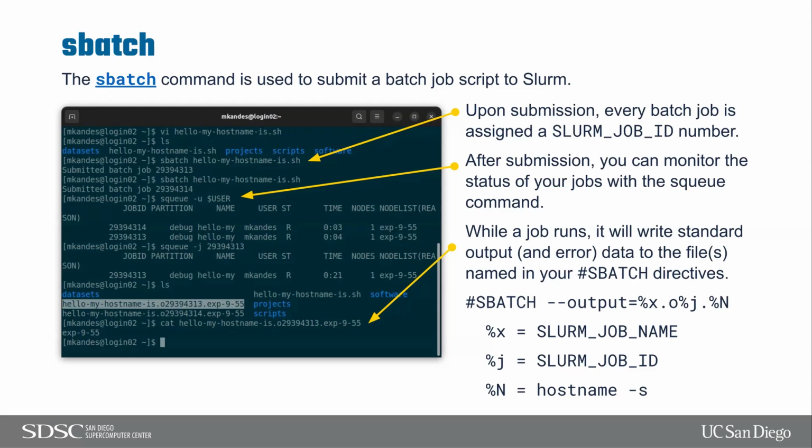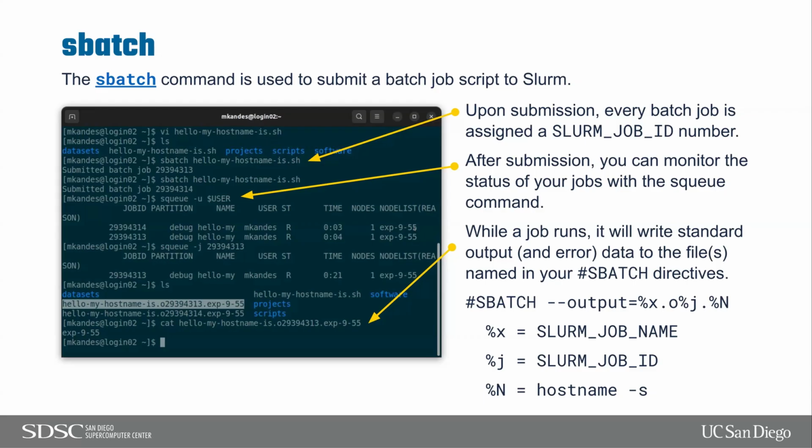So it's usually fairly idle because you can only run up to 30 minutes or so in the debug partition. So you can see here, as soon as I ran the squeue command to look up my jobs that are either pending or running, these basically started running right away on the same debug compute node, this Expanse 955.